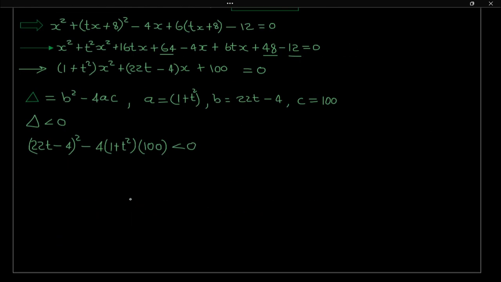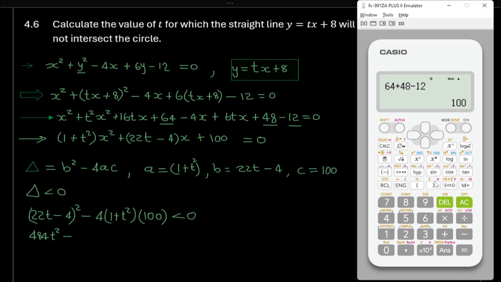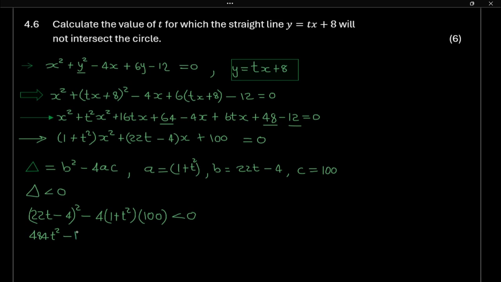Then we expand further. 22 times 22 gives us 484, so it's going to be 484t squared minus 176t, plus 16, and then negative 400 t squared.